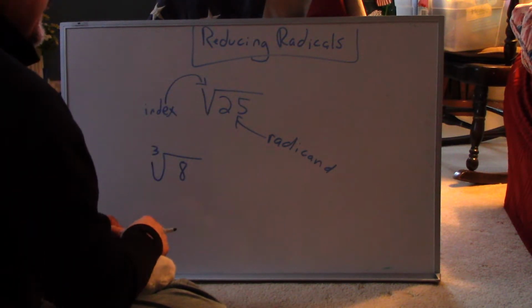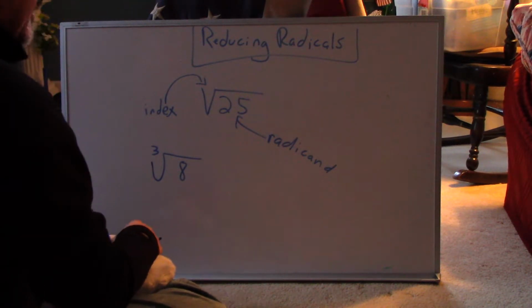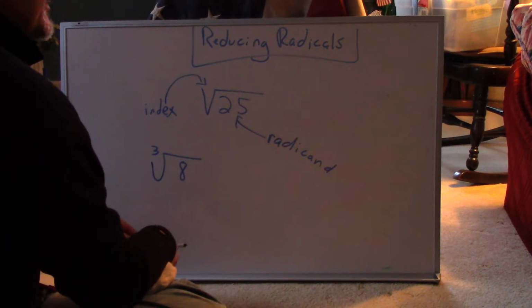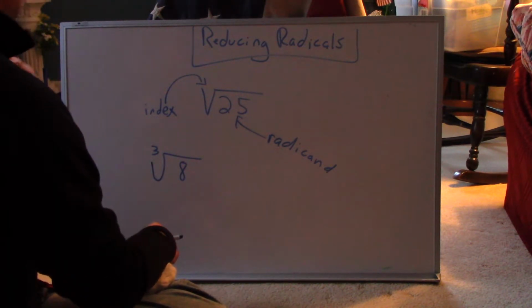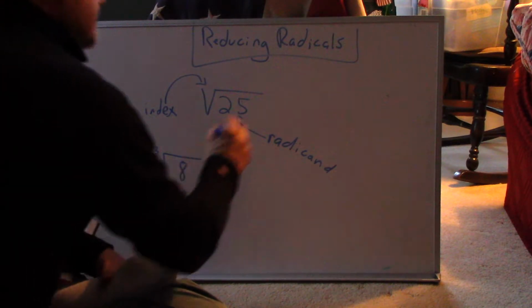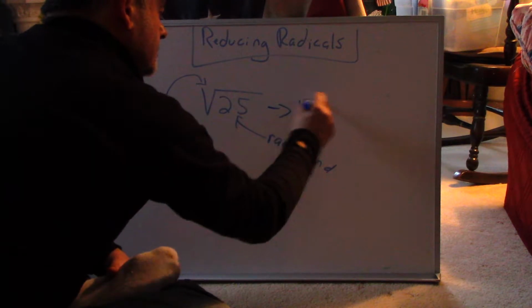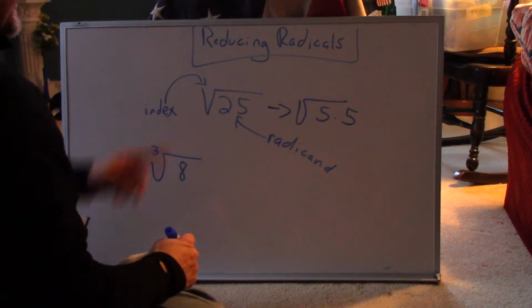Radical 25. It means the following. What number can I multiply by itself to give me 25? Well, in this case, it's 5. So this really means 5 times 5, 25.